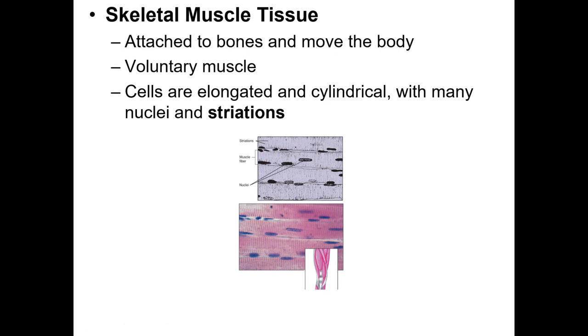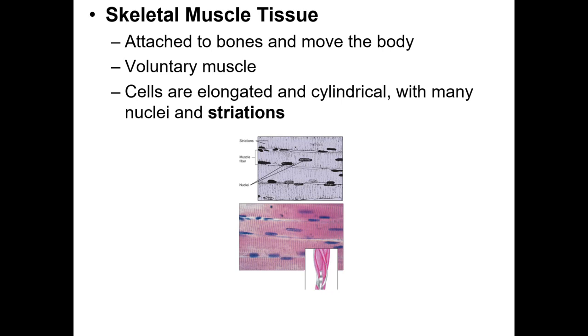And skeletal muscle cells can be either voluntary or involuntary, meaning either you move them consciously or you do not. So skeletal muscle is voluntary. You are trying to walk, so you are moving those muscles.